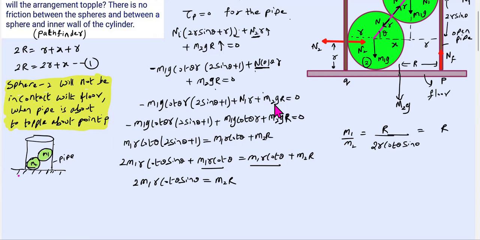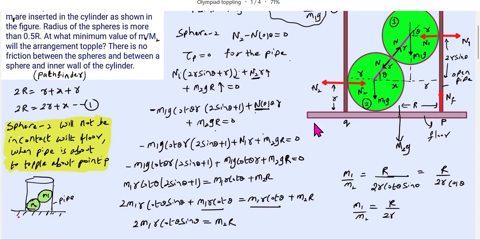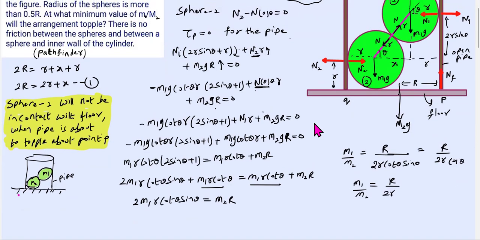So this will become further 2R cos theta. Cot theta will be cos theta by sin theta. What is cos theta from the diagram? From this triangle, what is cos theta?